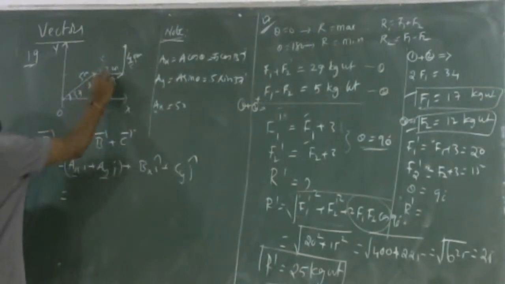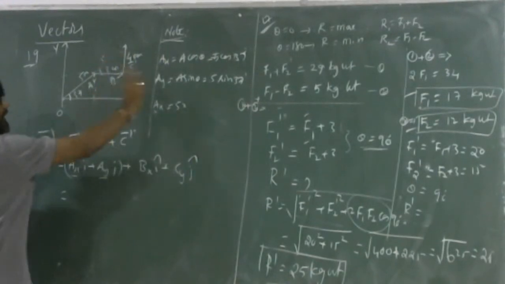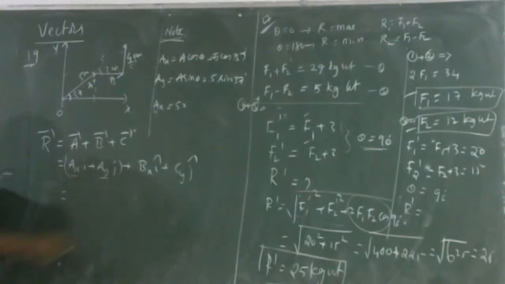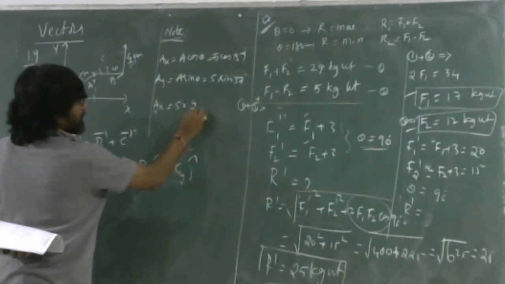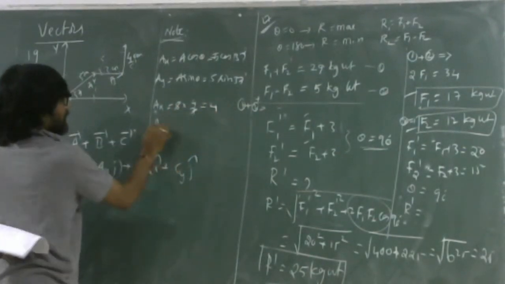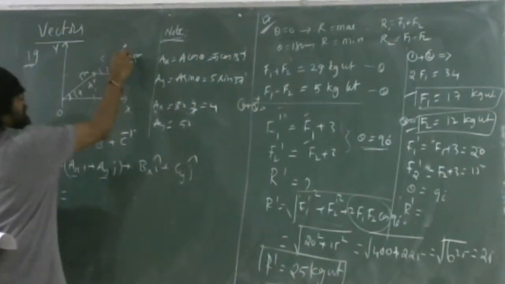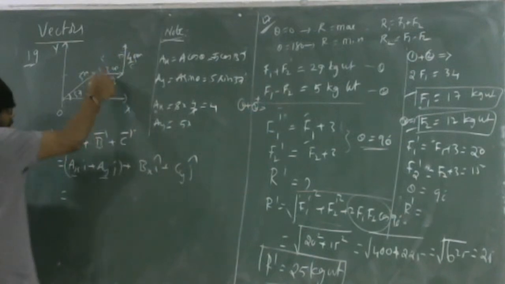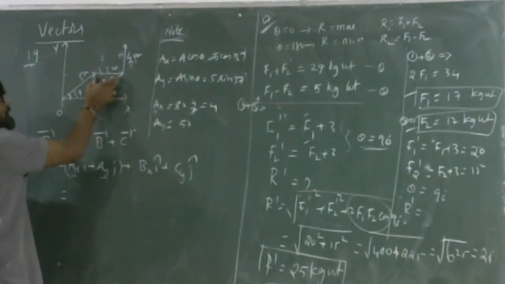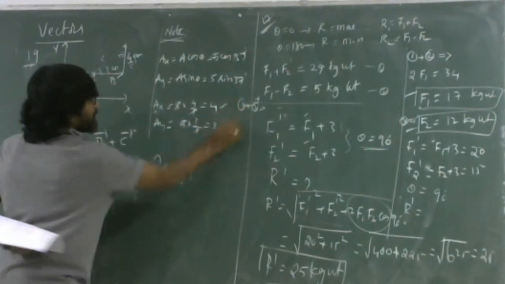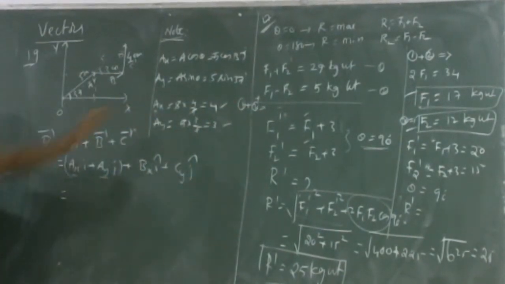If this is 53, this will be 90, this will be 37. Cos 37 means adjacent by hypotenuse, 4 by 5. So ax is 5 times 4 by 5, which is 4. Ay is equal to 5 sin 37. Sin 37 is opposite side by hypotenuse, so 3 by 5, and 5 cancels, we get 3. So we get ax, ay as 4 and 3.